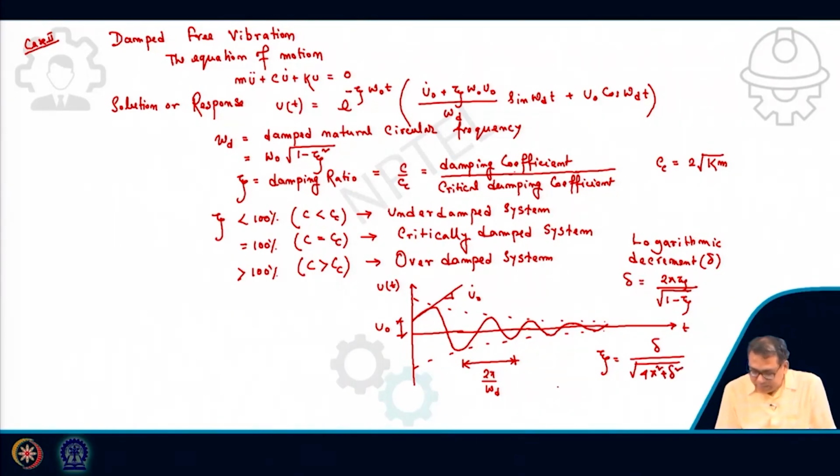Now if delta is small, then I can get the damping ratio equal to delta by 2 pi. If delta is small, 4 pi square plus delta square, because delta is small and it is delta square, will be approximately equal to 4 pi square. Now root of 4 pi square is 2 pi, so it will be delta by 2 pi.